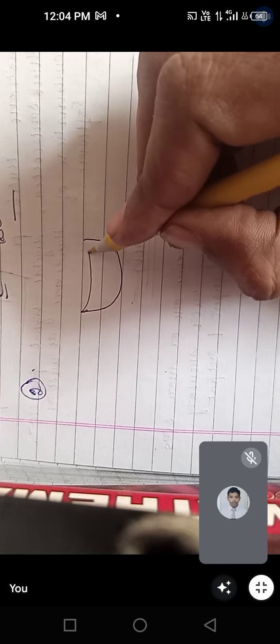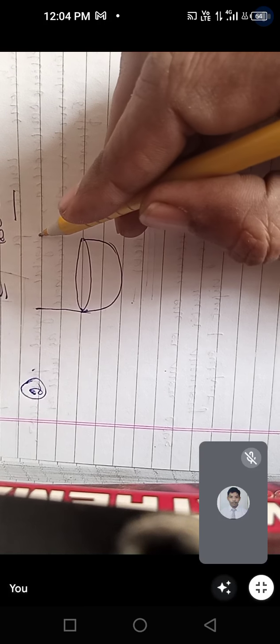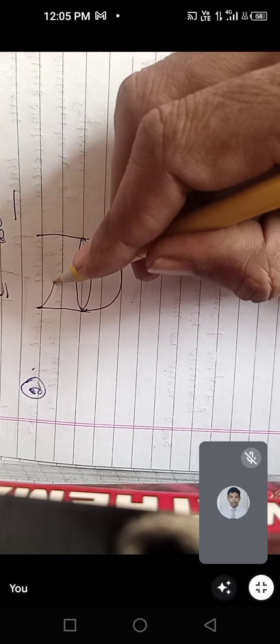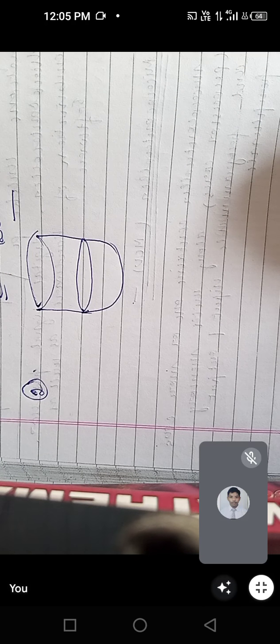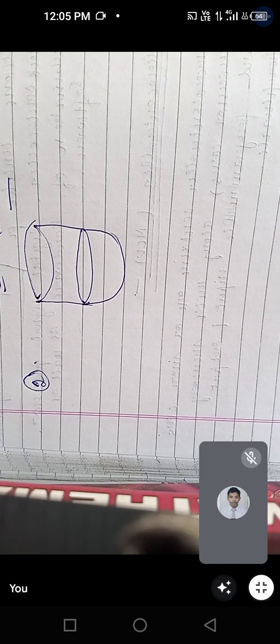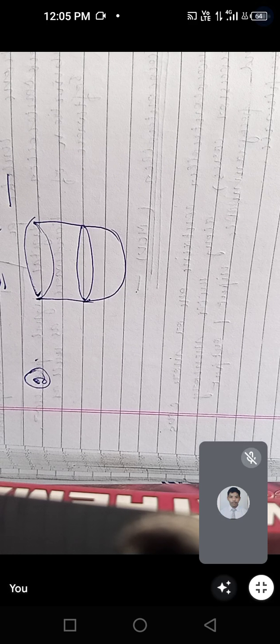There is a hollow hemisphere, and above that there is a hollow cylinder. Can you see this? Okay. So there is a hollow hemisphere, and above that there is a hollow cylinder.